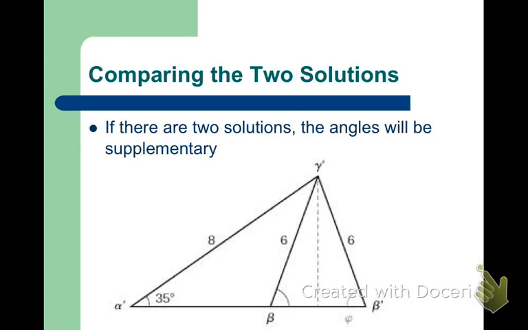If there are 2 solutions, there's a relationship between the acute and the obtuse angle. They'll be supplementary. If this is angle A, or alpha, then these 2 are beta, or B. Angle B that comes from the bigger triangle will be the acute angle, and this angle over here will be supplementary to this one. This is because these 2 sides have to be the same. If you overlap the 2 solutions, those 2 sides are the same because of what we were given.